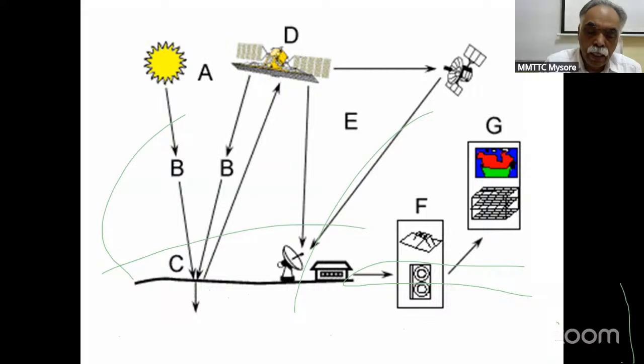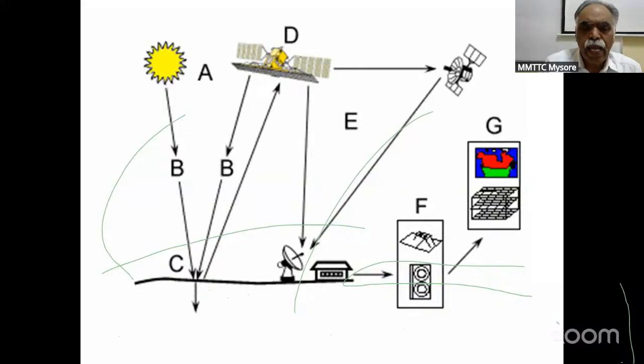You find A. A is the Sun. The Sun is the main source of light, and the main source of the medium through which the satellite technology is operating.